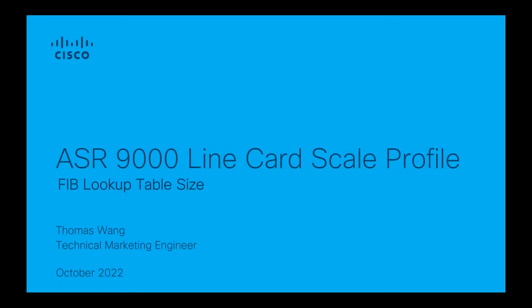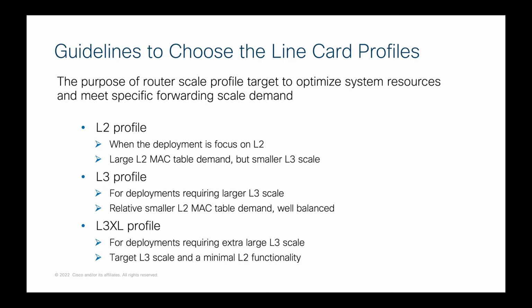The ASR 9000 scale profile is about how to optimize the system resources to meet the customer's forwarding demands. The guideline for choosing the line card profile depends on optimizing the system resources to meet the customer's forwarding requirements. For example, if the customer is more focused on Layer 2 functions, we could provide a relatively larger MAC table support. If the customer is looking for a more balanced Layer 2 and Layer 3, then the Layer 3 profile is targeted for that.